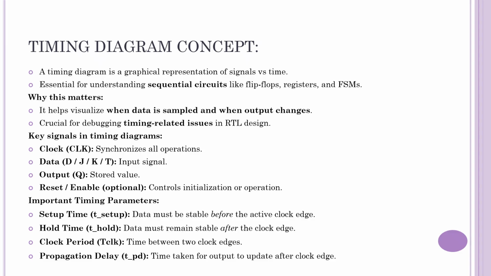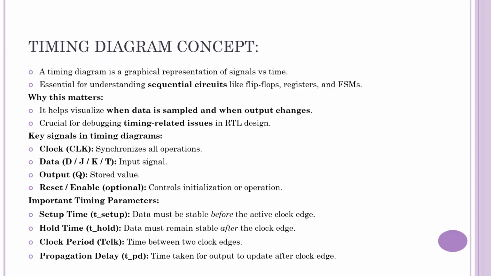Now, why do timing diagrams matter so much? They help us visualize exactly when data is sampled and exactly when the output changes. They are heavily used in simulations, waveform analysis, and RTL verification. If there is a timing bug in your design, the waveform will expose it.